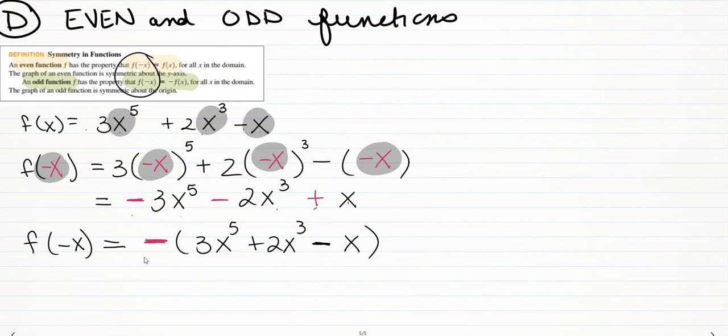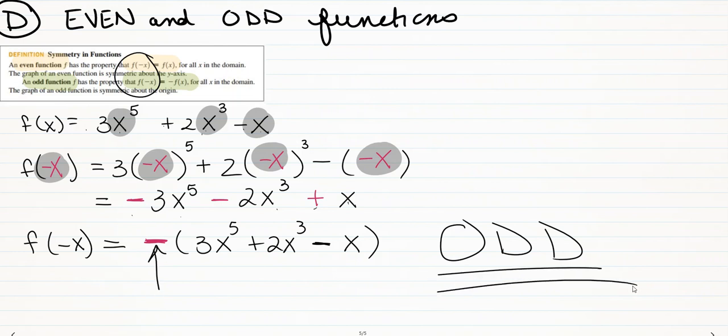Let's factor out the negative, so this becomes positive, factor out the negative, this is positive, factor out the negative, this becomes negative. But what we recognize here is that f of the opposite of x is the opposite of f of x, so that's very odd. When we replace the x with the opposite of x and we get exactly the same thing back except negative, that's really odd, isn't it? And we would call that an odd function.